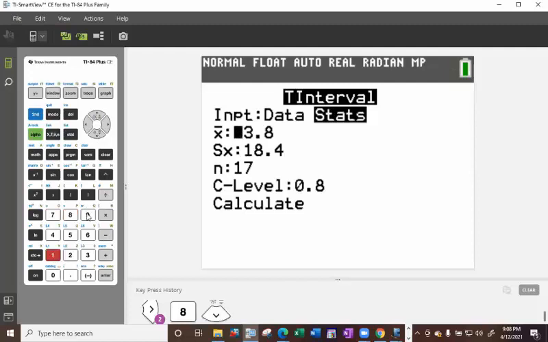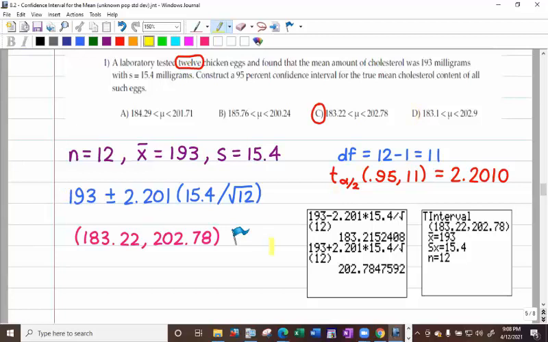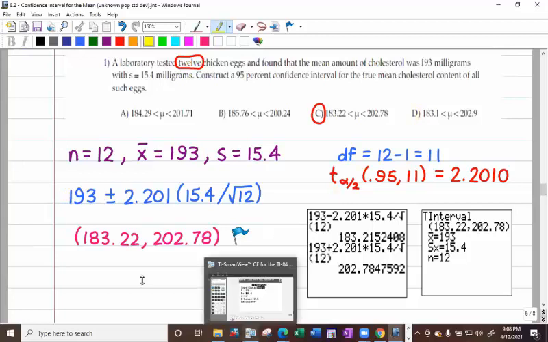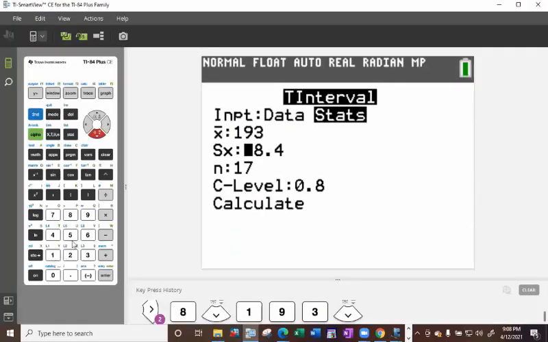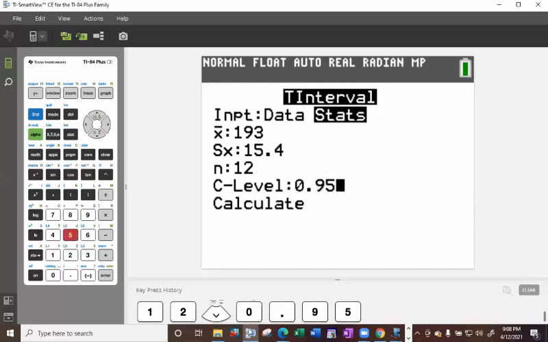But 193, 15.4, 12. I won't hit enter until I check. Is it 95?